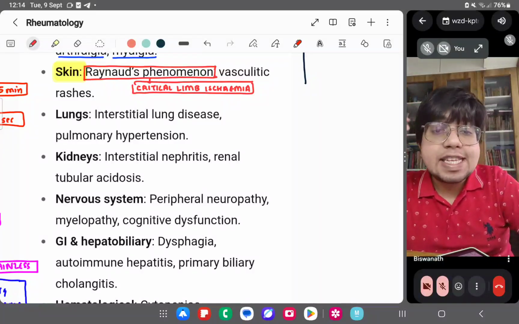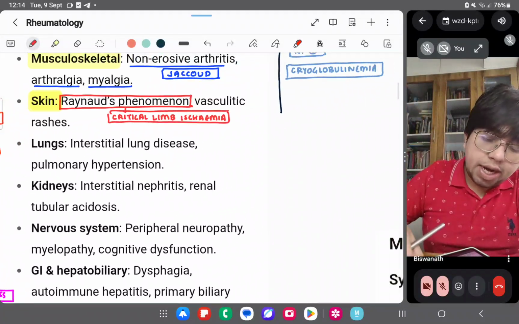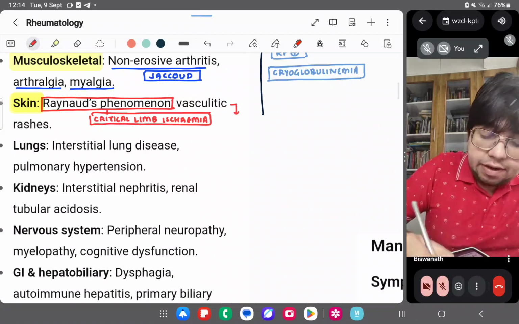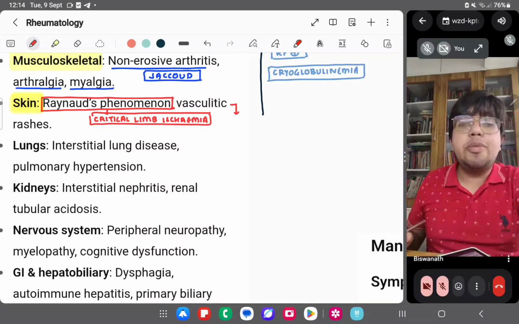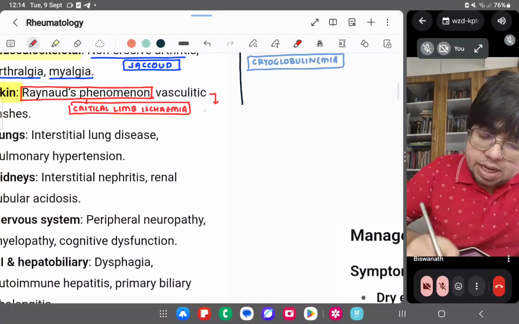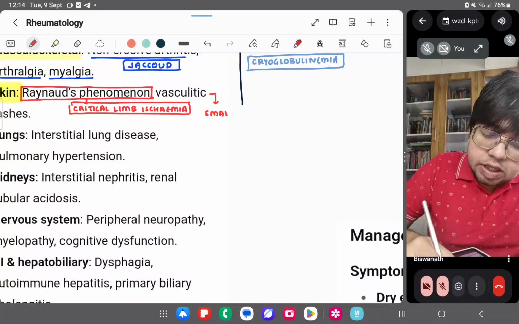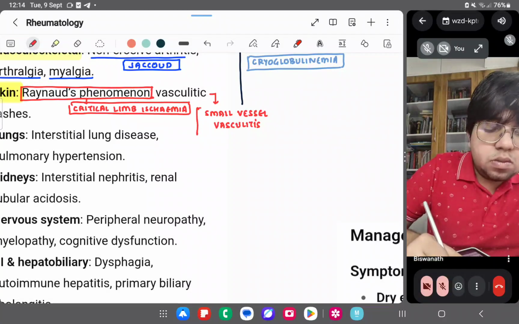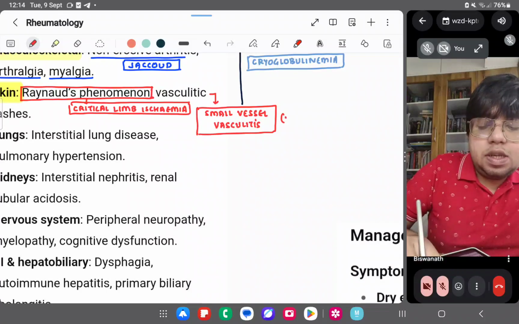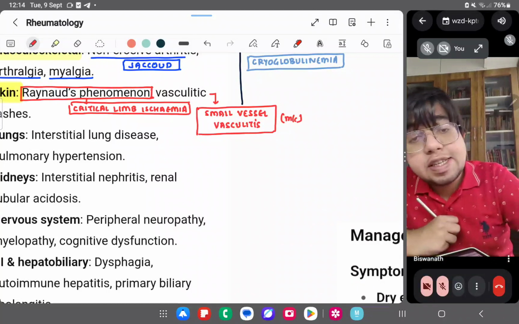It is producing vasculitis, vasculitic rashes. The most common type of vasculitis in Sjogren syndrome is small vessel vasculitis. This is the most common one.